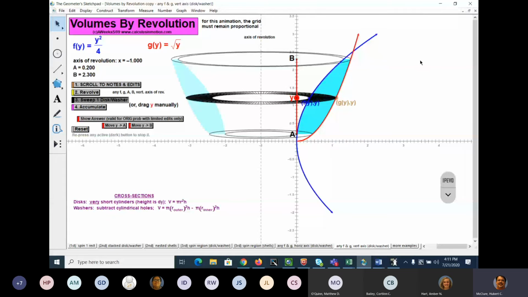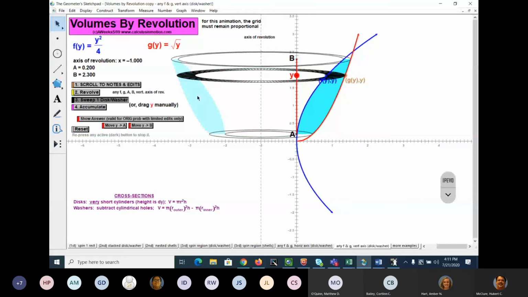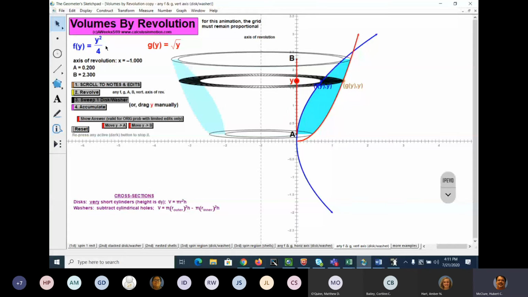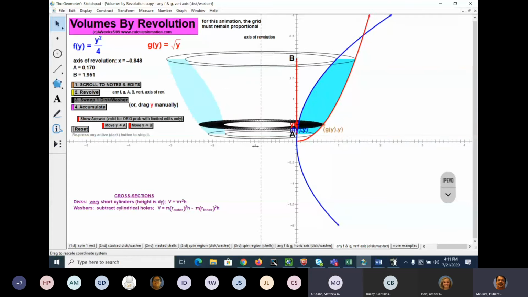So if you were to do this one, you would have to get everything in terms of y. Okay, and they've already got it that way, so you don't have to think too much. Now I'm going to move this. Well, it won't let me.